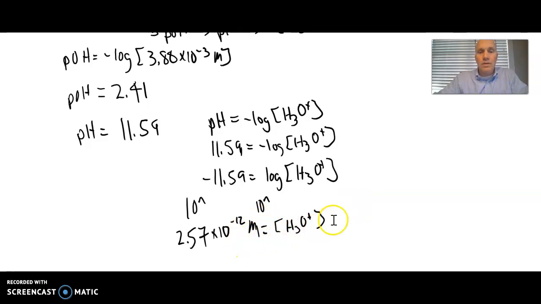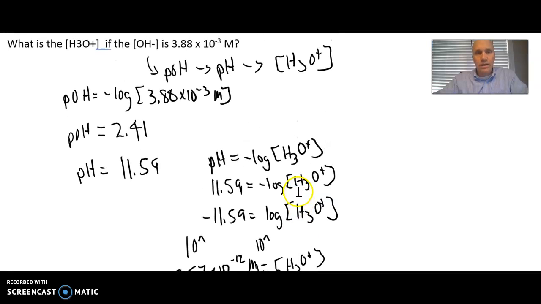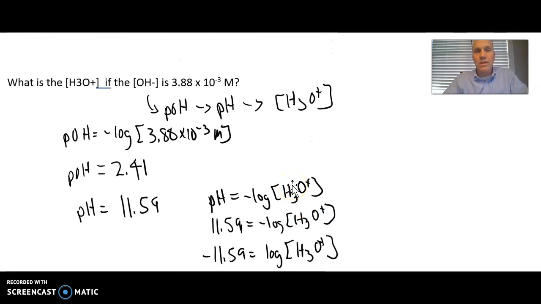I did mention, and feel free to ignore this last little bit if you're comfortable with this method, that there is actually a way to do this in one step, and that is to take advantage of the relationship that I mentioned in the video earlier, which was that whenever you've got hydronium and hydroxide in solution, the product of one times the other is always 10 to the minus 14.